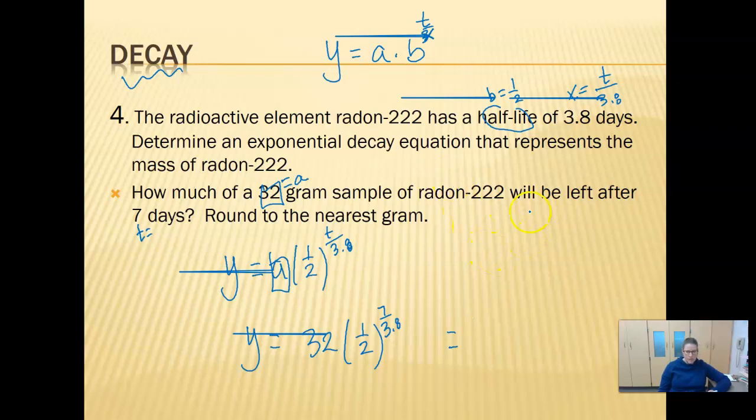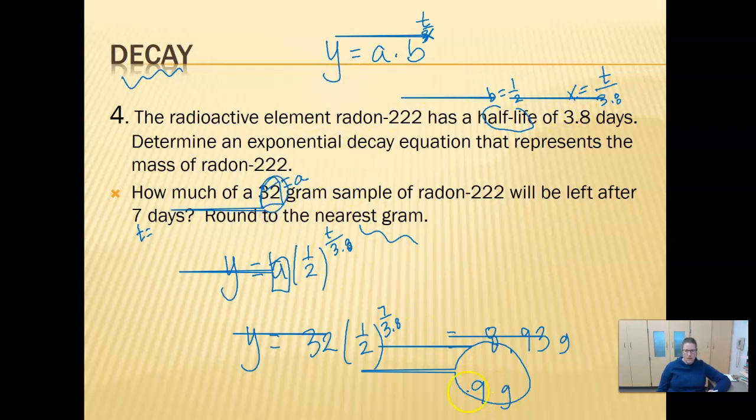That is going to equal 8.925, and I'm going to round it to 8.93 grams. Oh, it says to round to the nearest gram, so actually I'm going to round it up to 9 grams. So in 7 days, it went from 32 grams down to 9 grams.